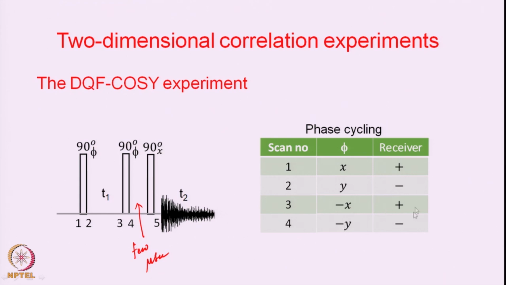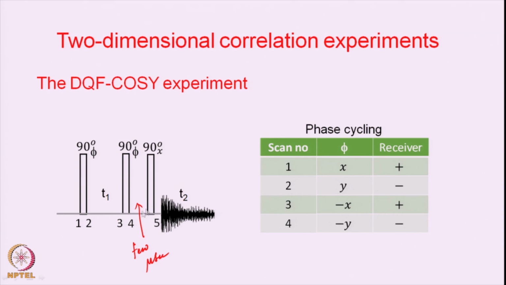So, a collection of all of these is for one value of T1. When we increment T1 again you do these 4 experiments. This strategy is known as phase cycling. This allows us to filter out certain signals and select certain signals, and that is called selection of coherence transfer pathways. This is illustrated very well and we will see how it works.